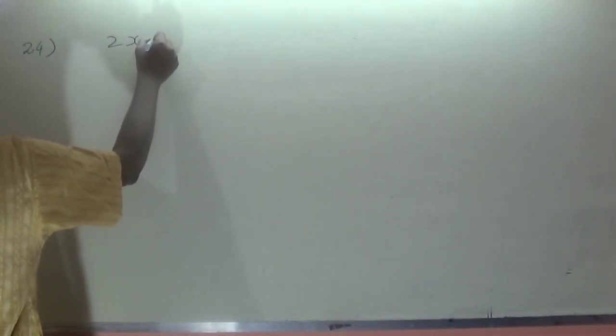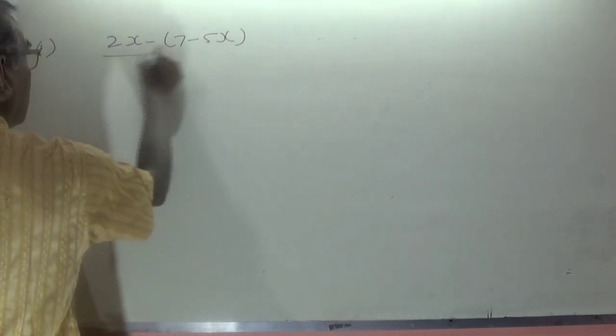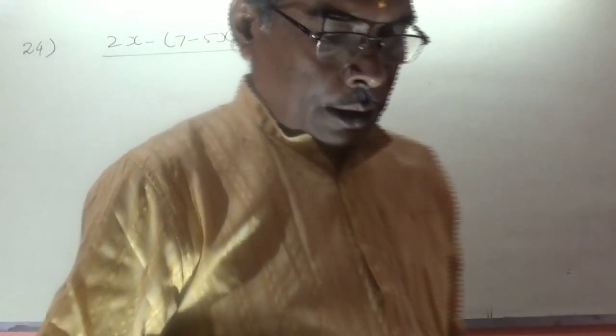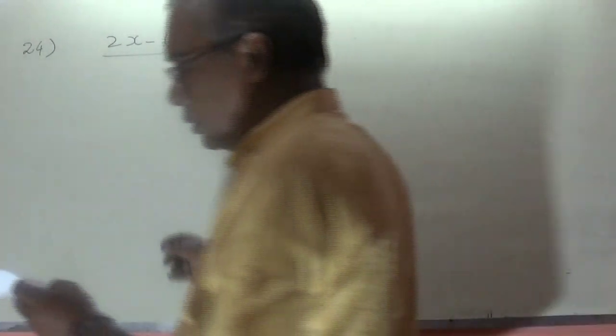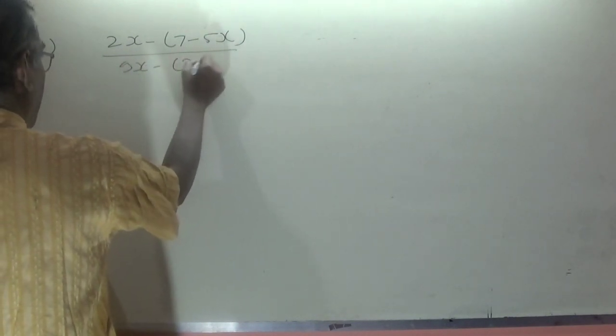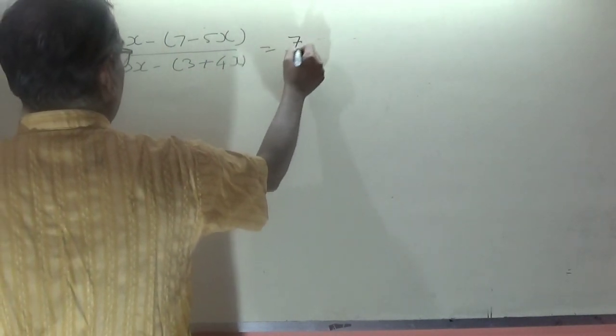Question number 24. The question is 2x minus bracket 7 minus 5x, whole divided by 9x minus bracket 3 plus 4x is equal to 7 by 6.